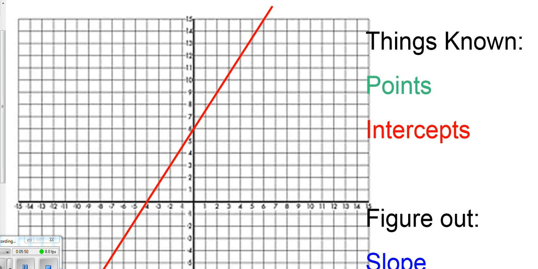So, from any graph, you should be able to find points, like here is a point, or here is a point, or here is a point, or here. You should be able to look at this and say, well, I have a bunch of these points. What could you do with those points? You can make a table. Once you find the slope, you can use a point-slope equation.